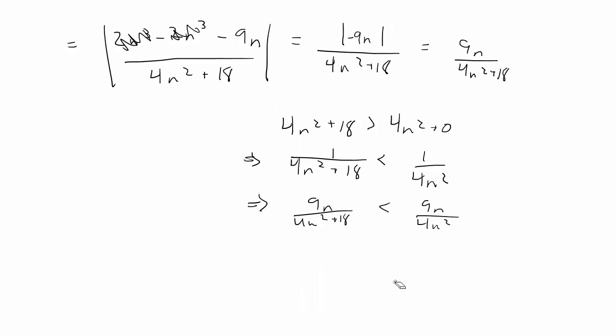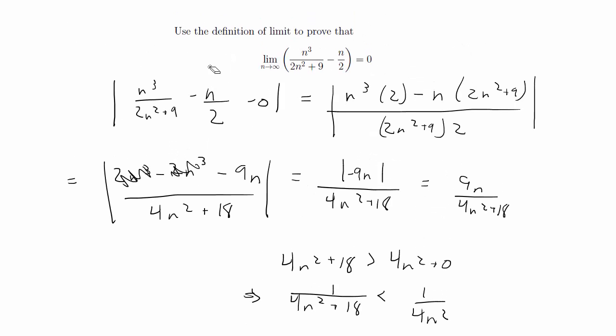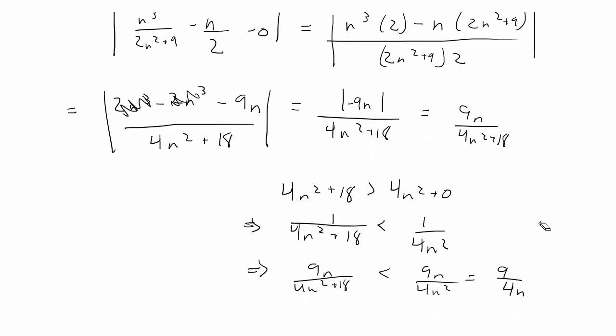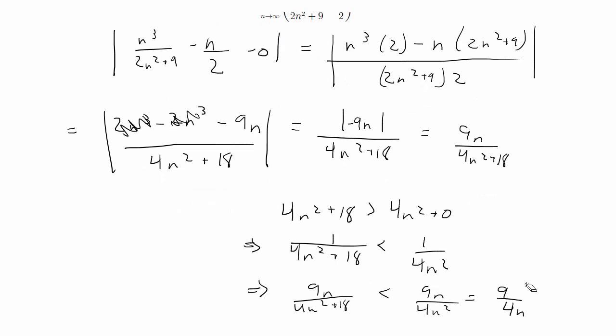So now we've actually bounded, because this was from the definition of limit, so this was xn minus L. So now we've been able to bound xn minus L as less than 9n over 4n squared, which equals 9 over 4n. So that's the number over n that I was talking about earlier. Now we can go ahead and use this information and write out our proof.